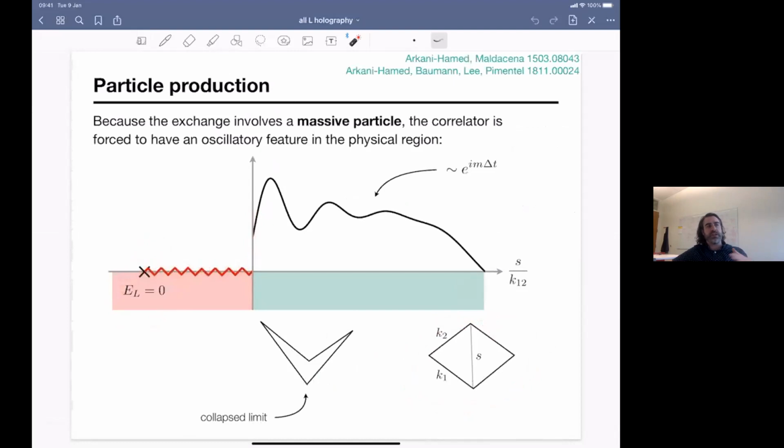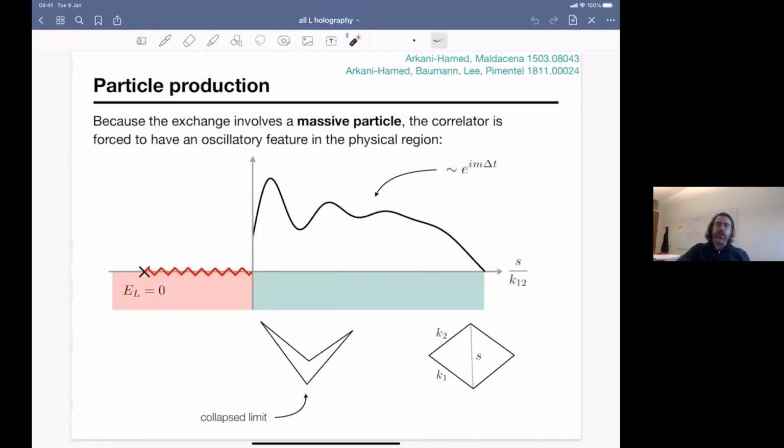And so interestingly, it controls the behavior of the wave function as you approach this boundary of the physical region from physical kinematics. And the existence of this branch cut demands that the wave function oscillates as you approach this branch cut. And interestingly, the frequency of oscillations is set by the mass of the exchanged particle.